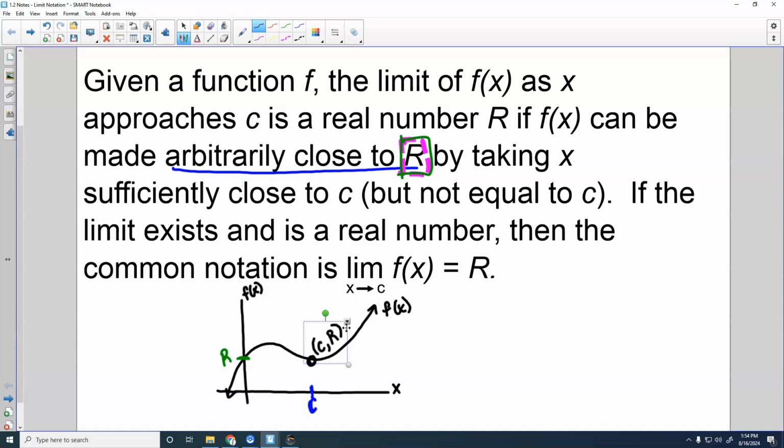So if the limit exists and is a real number, what you're going to see whenever your x coordinate gets closer and closer and closer to that c value, that means x is approaching c, the y value will get closer and closer and closer to the r, which is the y value of that coordinate there.